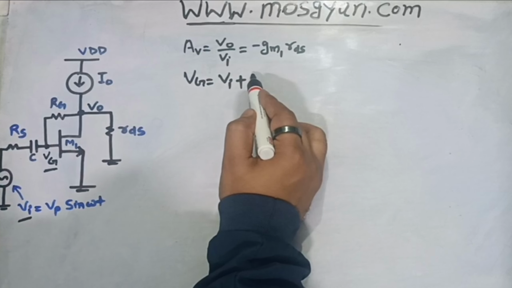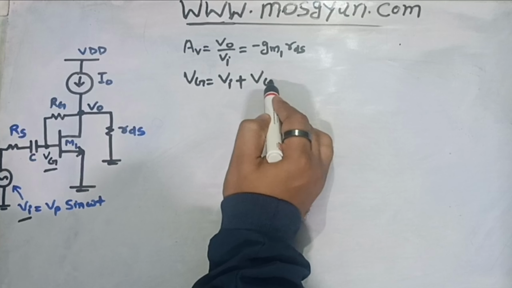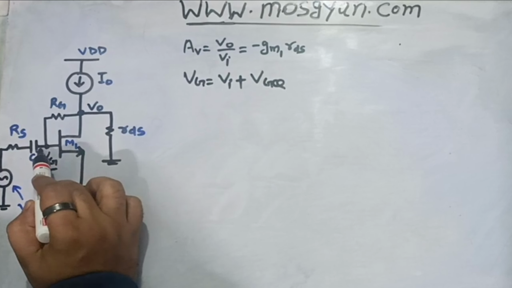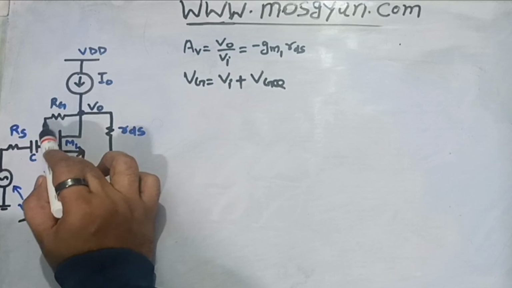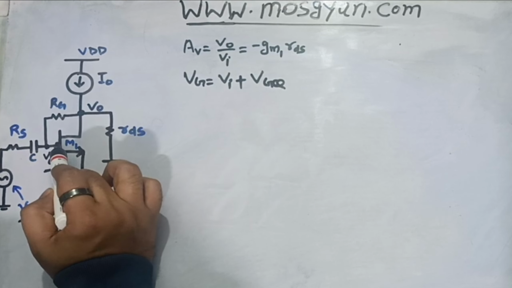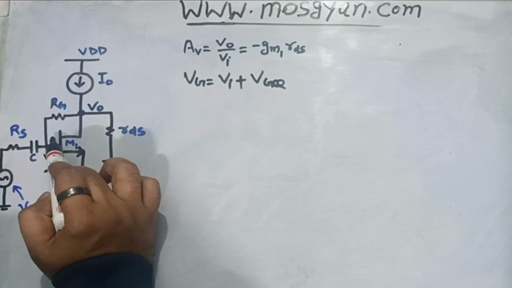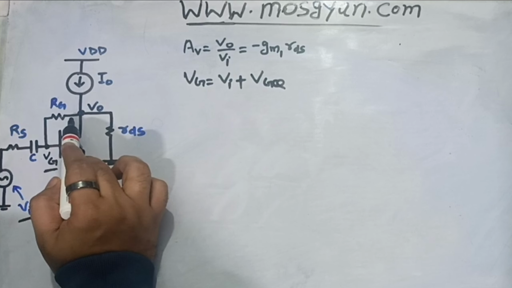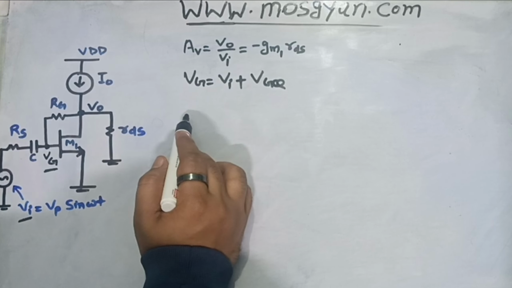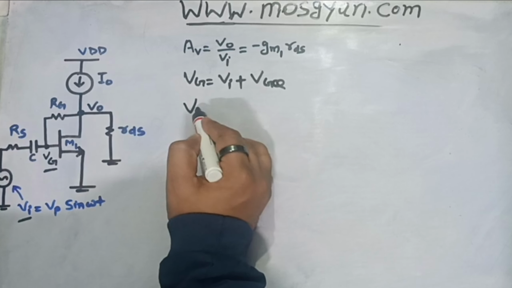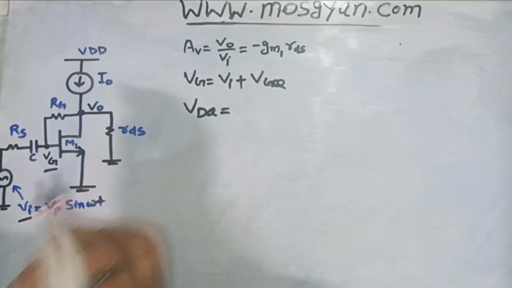Now, if you see here, gate and drain are shorted. There won't be any current flowing from drain to gate because of the high input impedance of the gate. So we can assume gate and drain are shorted.